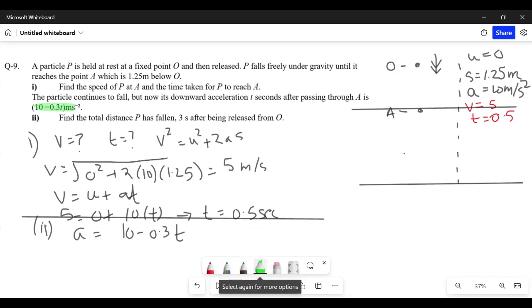Now we're looking at this part of the motion, which isn't going to be a straight line motion. एक curve हो जाएगा थोड़ा सा. Okay. So from A till the end of this motion, the time taken would be 3 minus 0.5 seconds. Why is that?